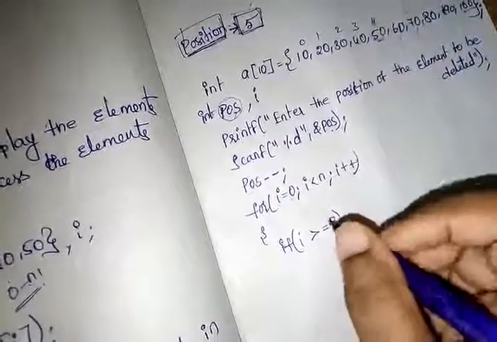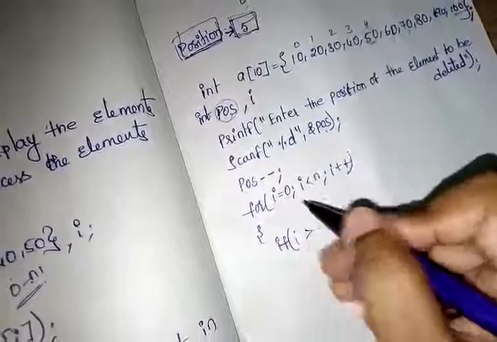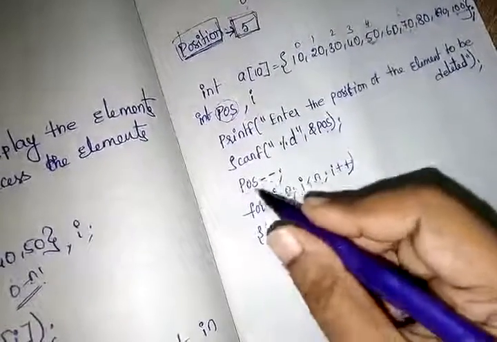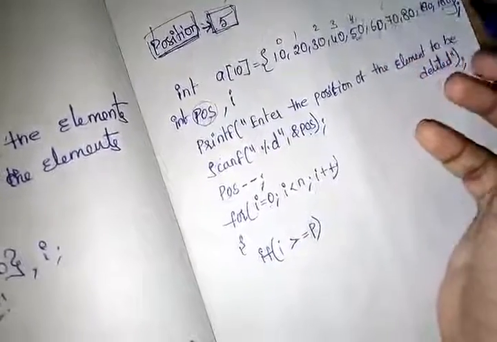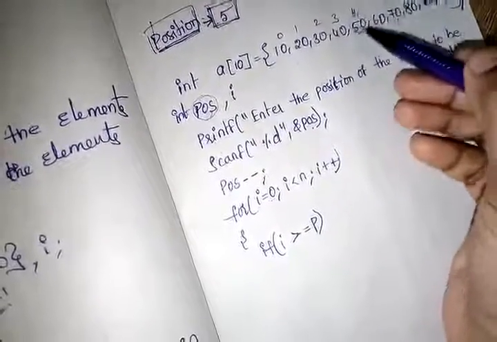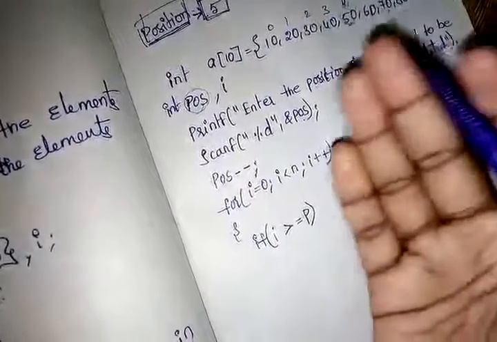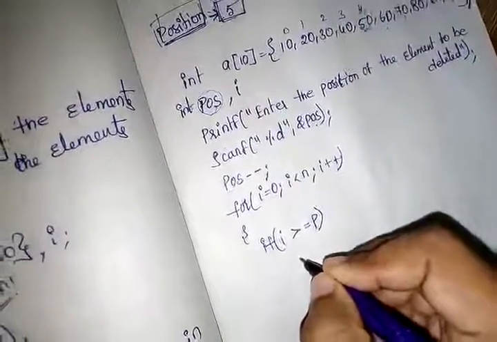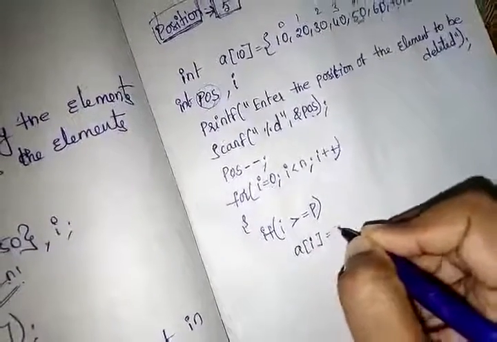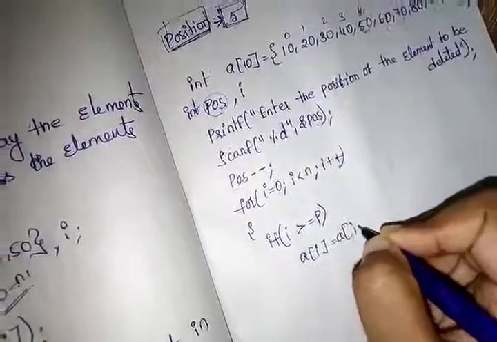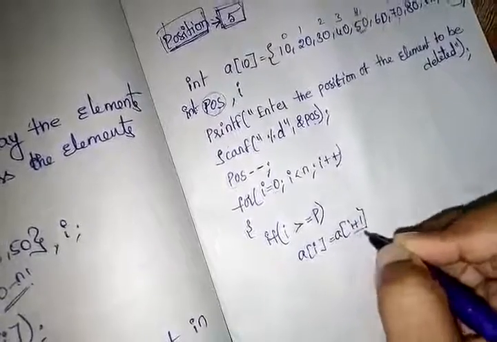So if i is greater than or equal to the given position, that is, if my index is equal to the given position or it is after the given position, then you need to move it one index before. So a of i is equal to a of i plus 1.